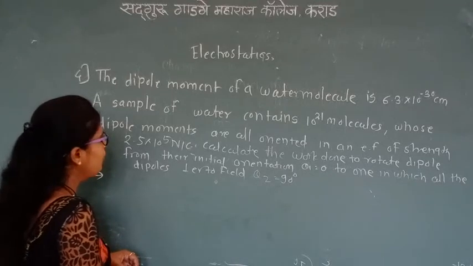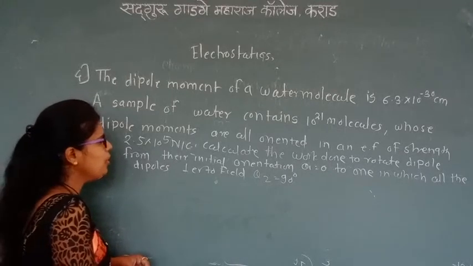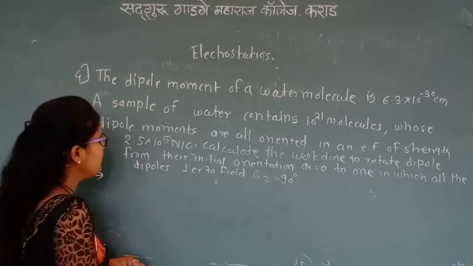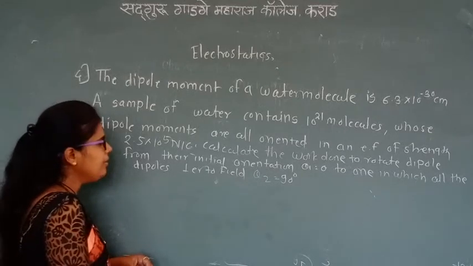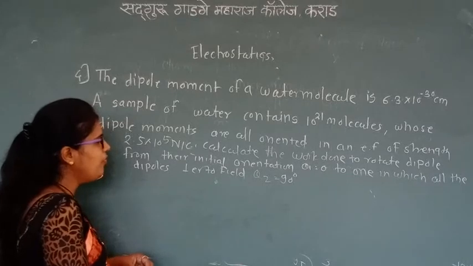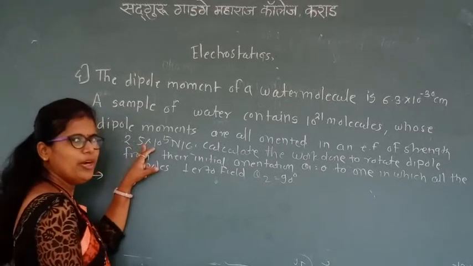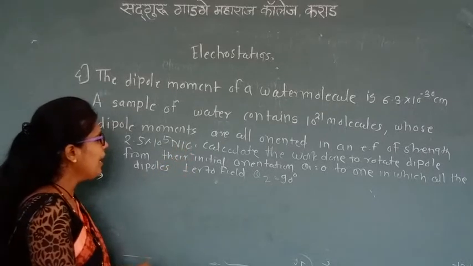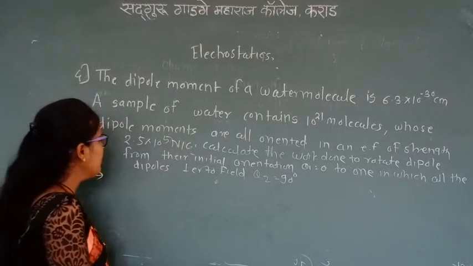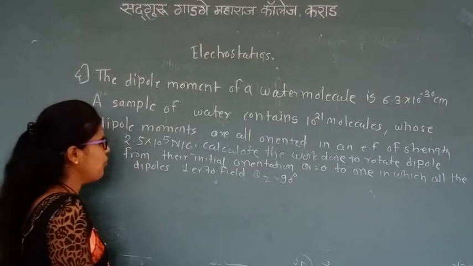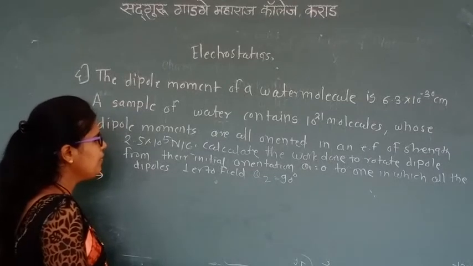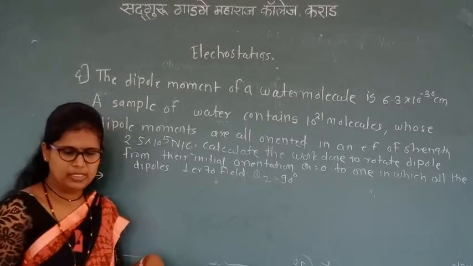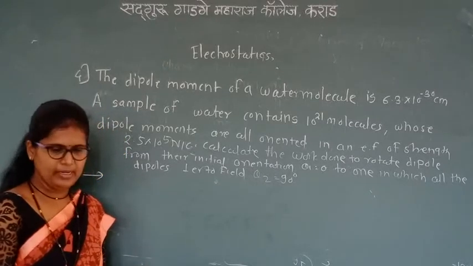The sample of water contains 10 raised to 21 molecules, whose dipole moments are all oriented in an electric field of strength 2.5 into 10 raised to 5 Newton per coulomb. Calculate the work done to rotate the dipoles from their initial orientation, given here as theta 1 equal to 0, to perpendicular to the field, theta 2 equal to 90 degrees.